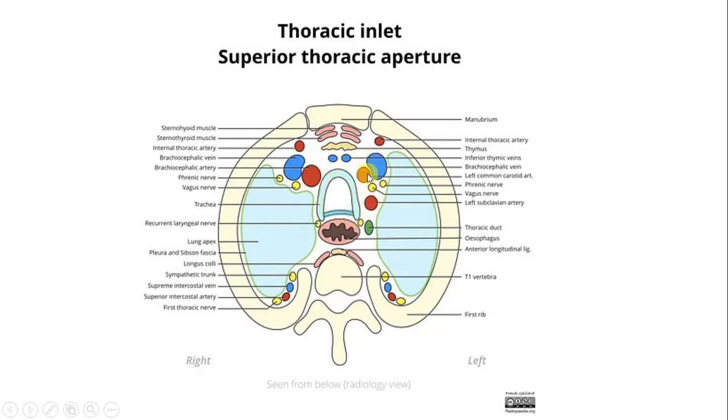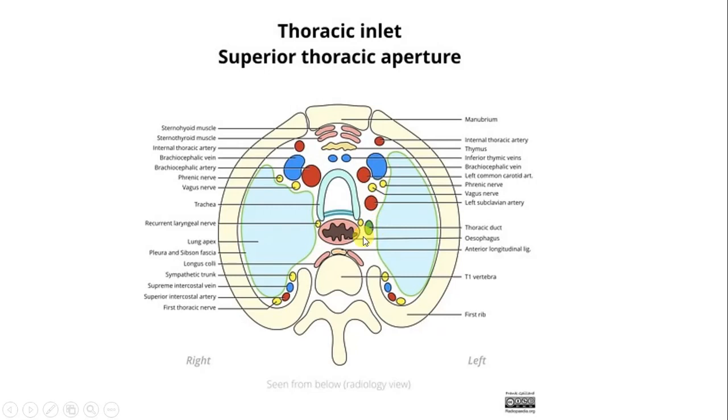That's why it is given the name thoracic inlet. But the great vessels, the brachiocephalic artery on the right side, and on the left side the left common carotid and left subclavian artery, come out of the thorax to the head region and the upper limb.